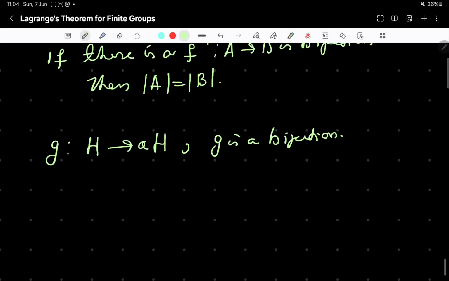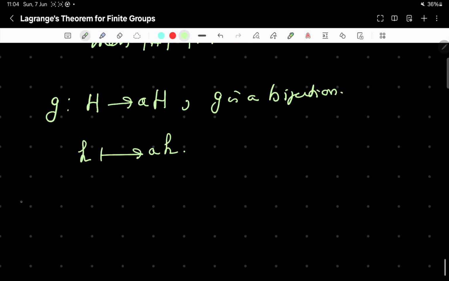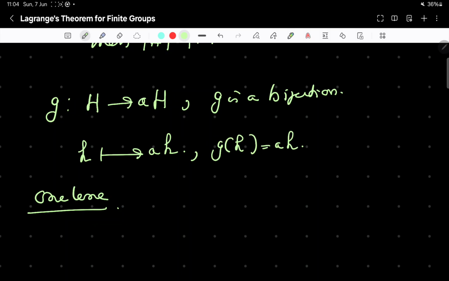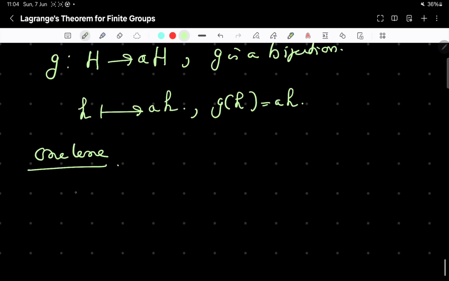What is that function? It is very easy. You take an element in H and map it to aH. How do you prove this is an injection? So g of h is simply a times h, which belongs to aH. To prove one-to-one, take g of h equal to g of k.